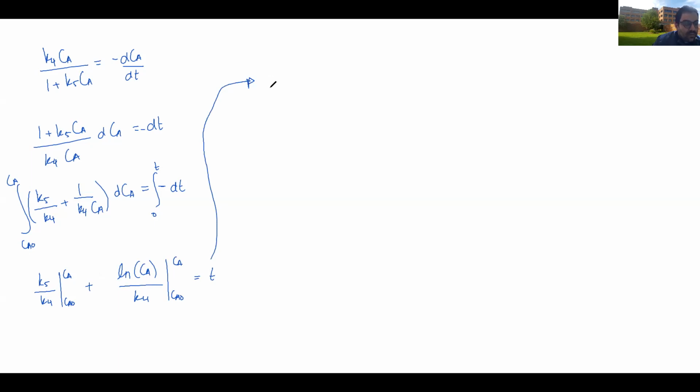So I get basically K5 over K4 into CA minus CA naught plus ln CA divided by CA naught, right? Divided by K4 is equal to, actually this is minus t right here. Dropping this minus always. Okay, minus t.